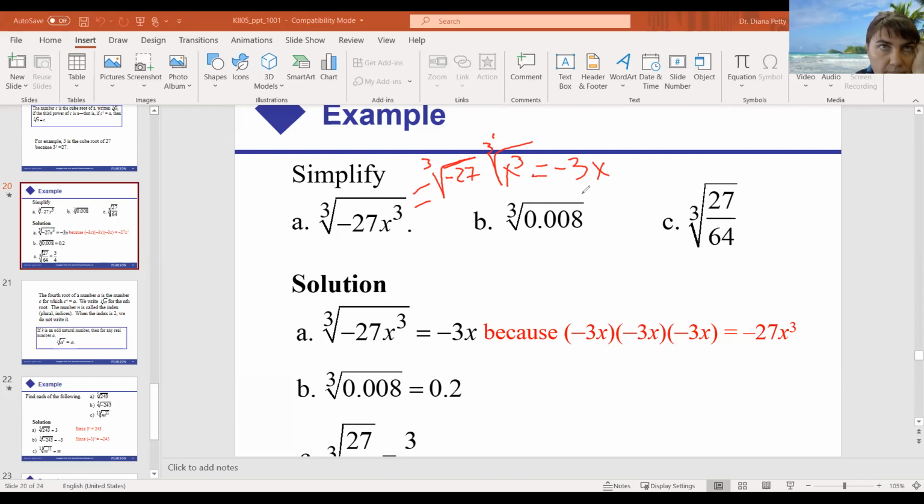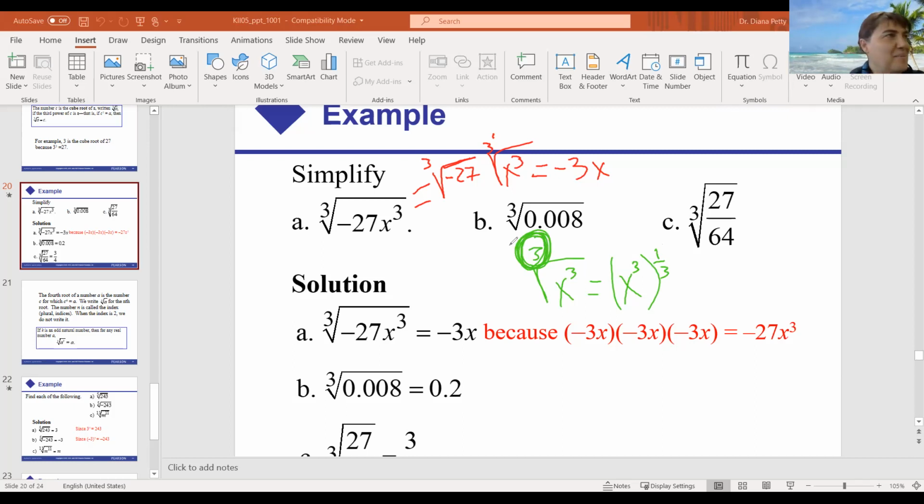You see here the cube. Let me write it separately. If we have the cube root of x cubed, this is the same thing as x cubed to the power of 1 over 3, because a radical is a rational exponent with this number in the denominator. This is the definition. We're going to learn it next chapter.